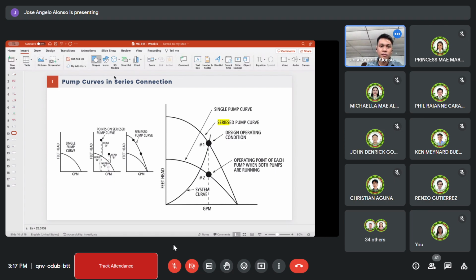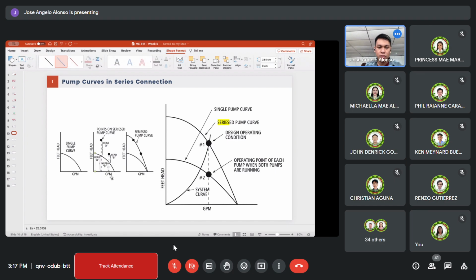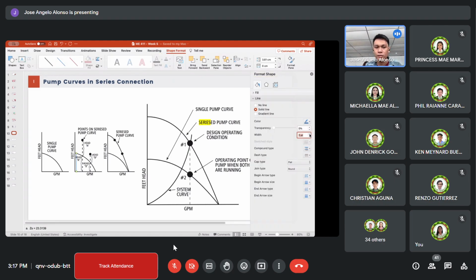So, para ma-determine natin yung magiging bagong curve natin kapag yung pump natin is naka-series connection, let's try to connect, or let's try to measure these values. Total head, kasi head yung kukunin natin dito. We need to increase the total head ng ating pump.